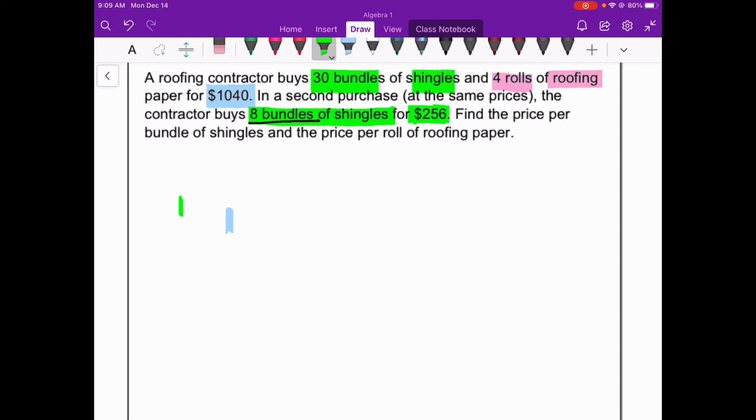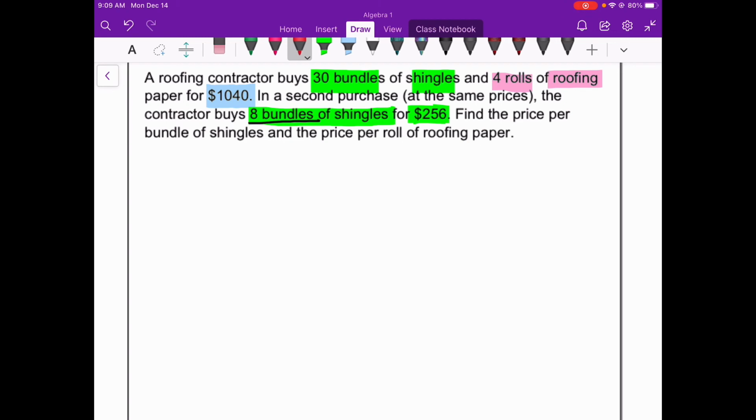Find the price per bundle of shingles and the price per roll of roofing paper. All right, so we're actually just going to set up for this problem. And then I'll have you guys kind of graph it on your own and check for your answer.